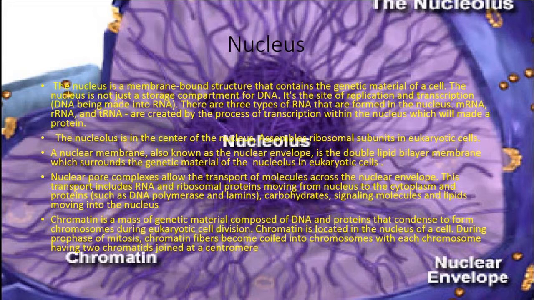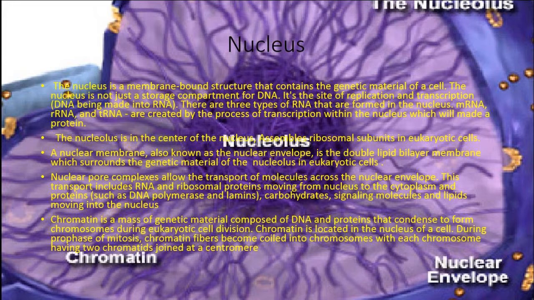division. So the nucleus mainly contains our genetic material, and there is chromatin in our genes. The chromatin is a mass of genetic material composed of DNA and protein that condense.